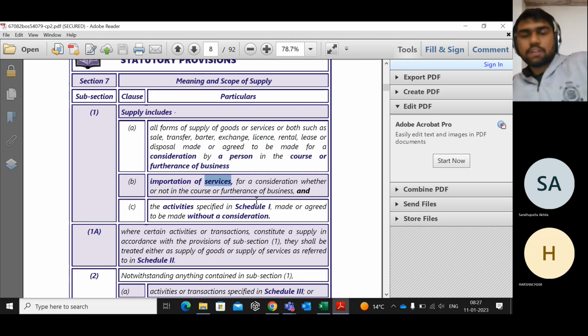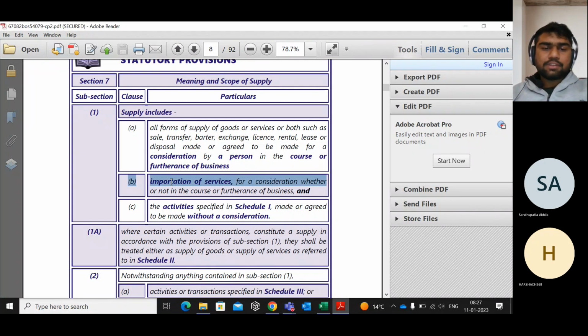If it is in the course or furtherance of business also, it is included in the supply and you need to discharge the GST under reverse charge mechanism as import of services, as the service provider is in non-taxable territory and the service recipient is in taxable territory. So you need to discharge the tax under reverse charge mechanism, which we'll look into in the upcoming chapters.